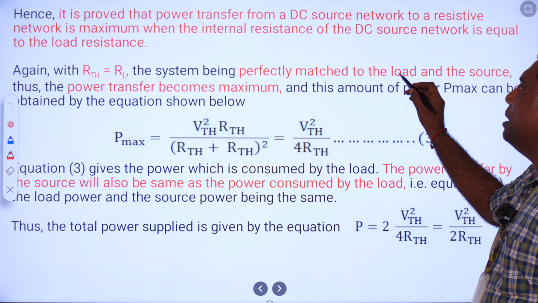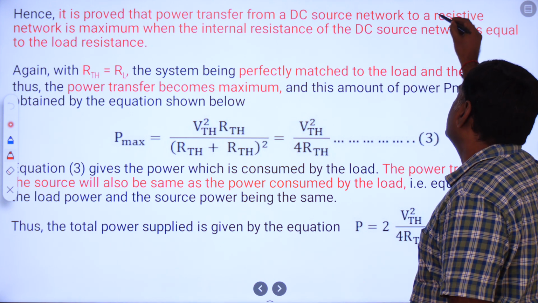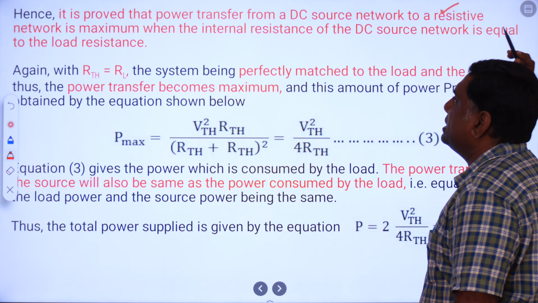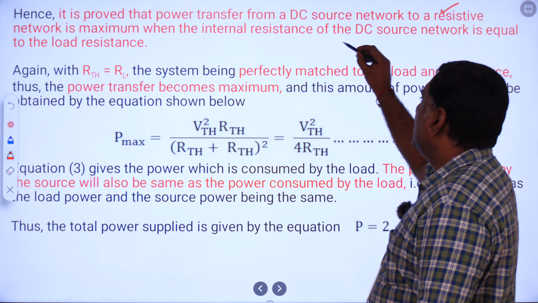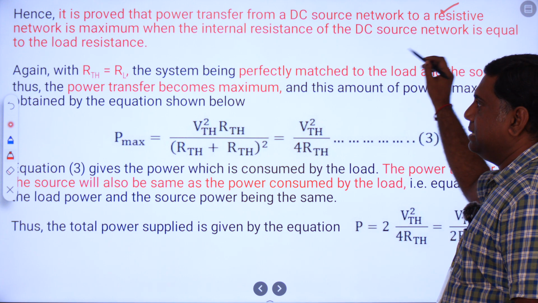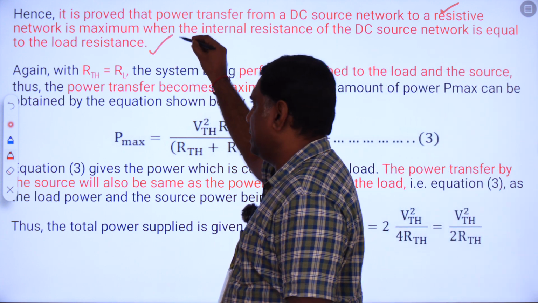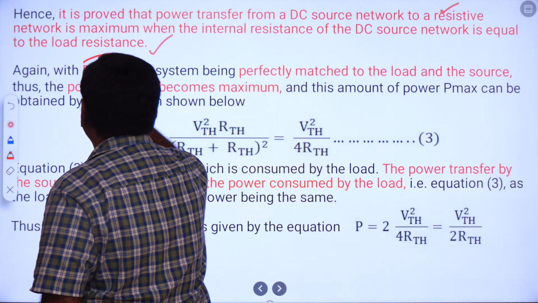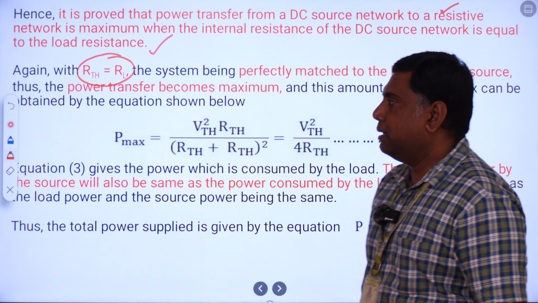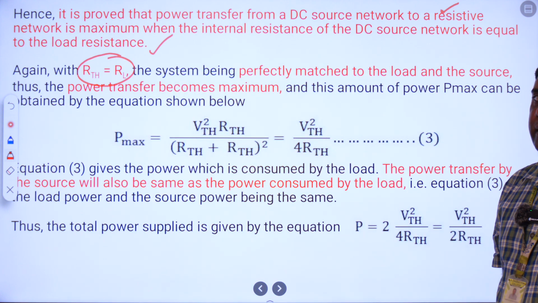Hence proved: power from a DC source network to a resistive load is maximum when the resistance of the source network is equal to the load resistance, that is, R Thevenin equals RL. Hope you are clear with this.